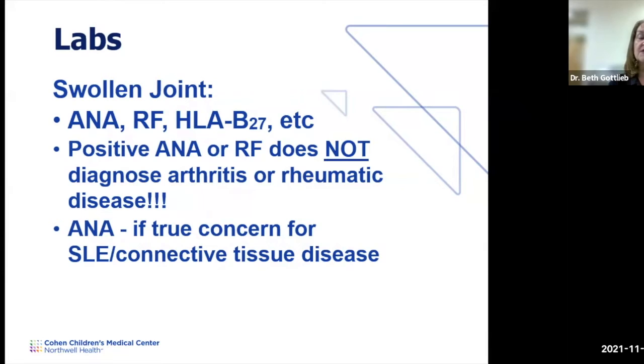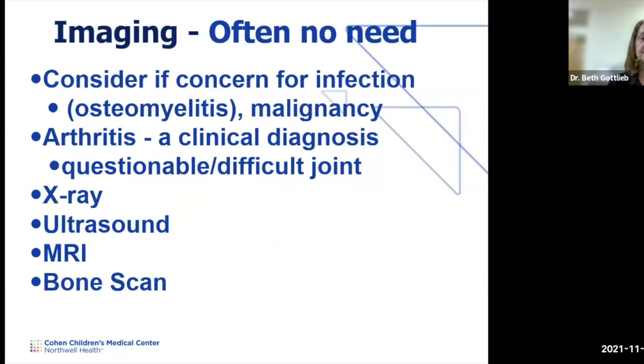If you are concerned about a connective tissue disorder, you may want to send an ANA. So again, depends on the clinical story. But in a teenage girl who maybe has fever, maybe a rash, maybe some other blood test abnormalities already, you might want to consider an ANA for lupus or mixed connective tissue disease.